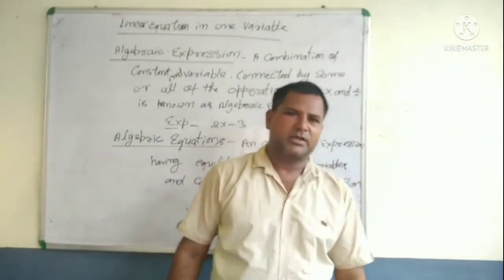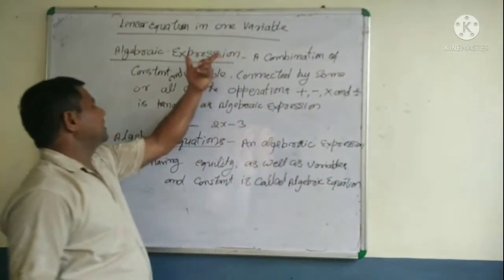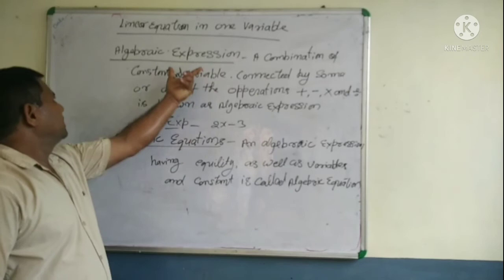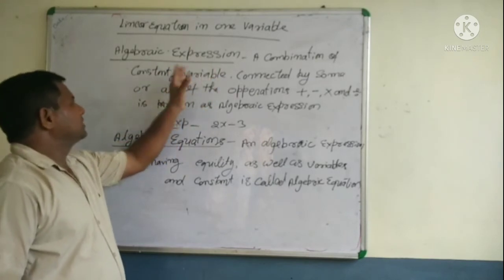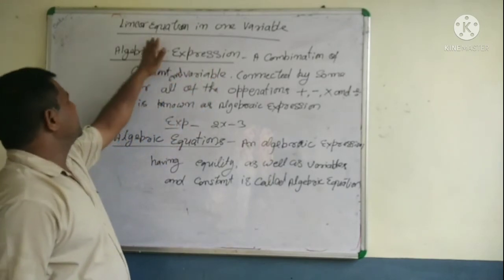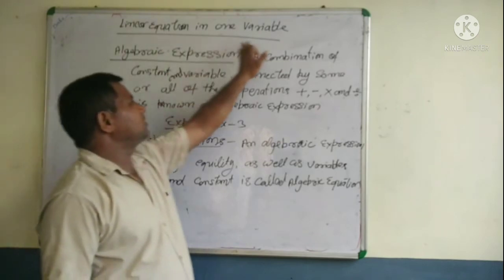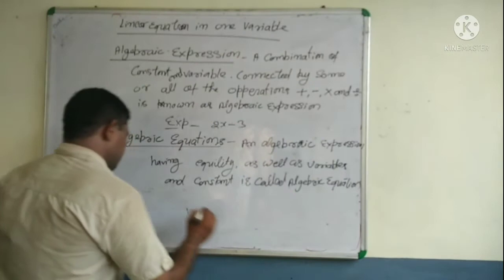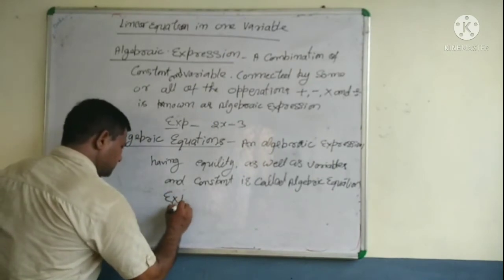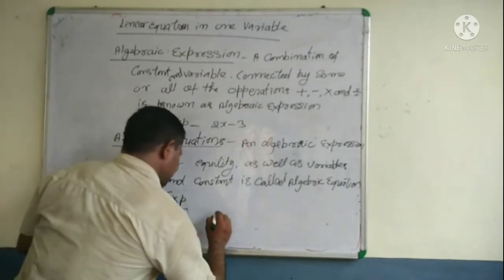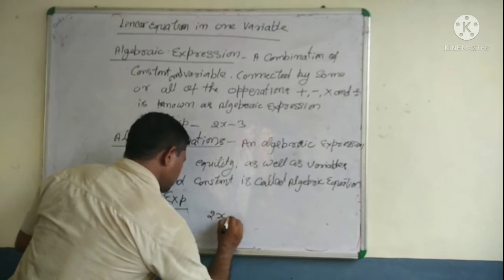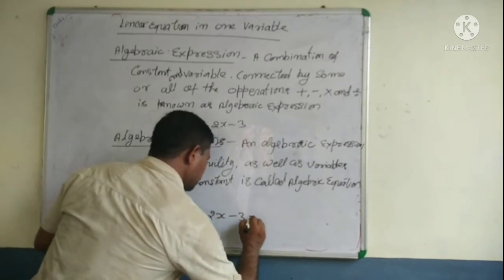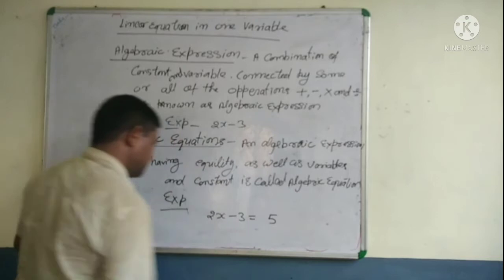In this way, we have studied all the terms which will come in our chapter, linear equation in one variable. The example: 2x minus 3 equal to 5.